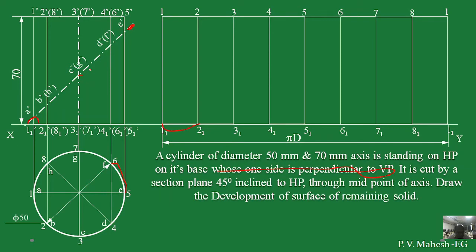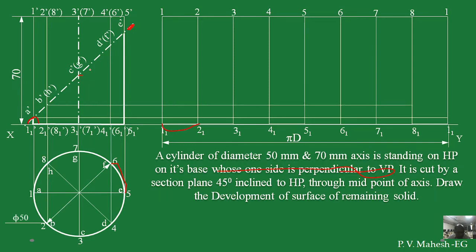Now I drop the horizontal lines from A', B', C', like that, and then I will get the development. So this is A'. So A' is cutting at the edge 1 1'. Both sides it is there. I will get 2 points. Next the second one is cutting, the B is on 2 2' and H is on 8 8'.